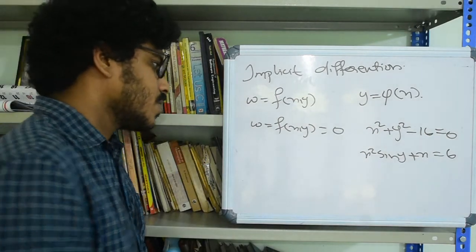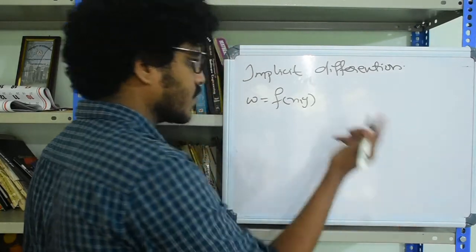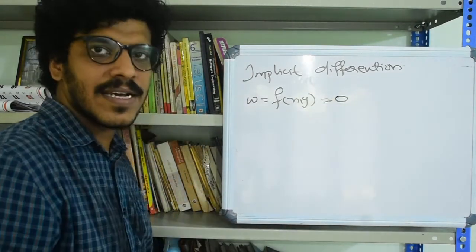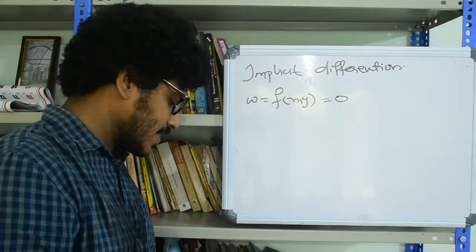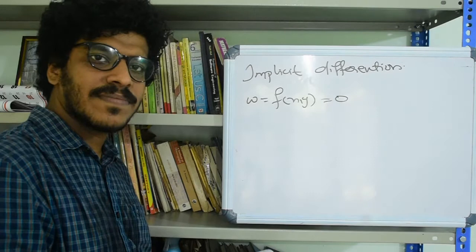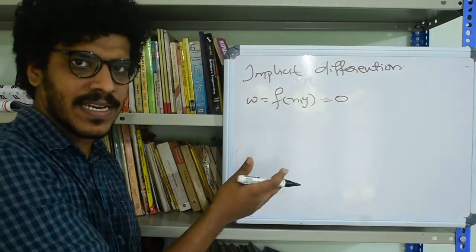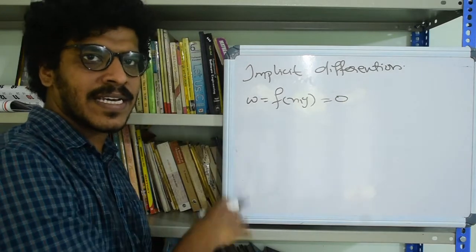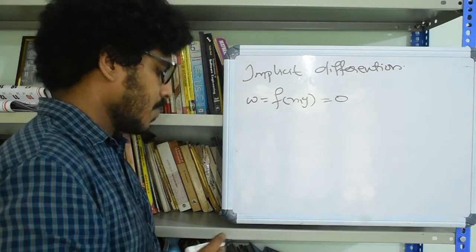Right. So consider w equal to f of x, y equal to 0 as our general representation of an implicit function. So how do we find dy by dx from this? We have seen that y is defined as a function of x implicitly. So can we find dy by dx out of this? We can make use of chain rule.